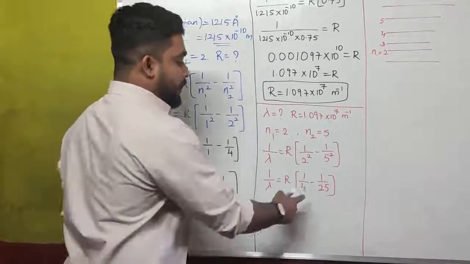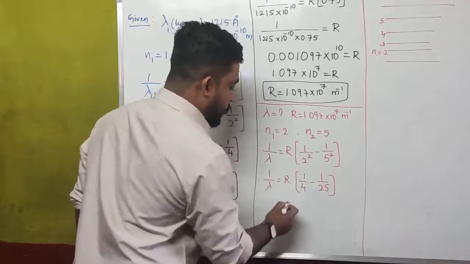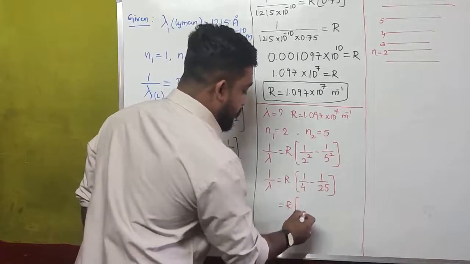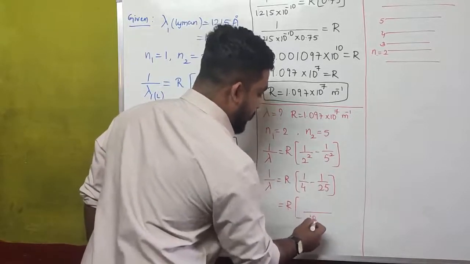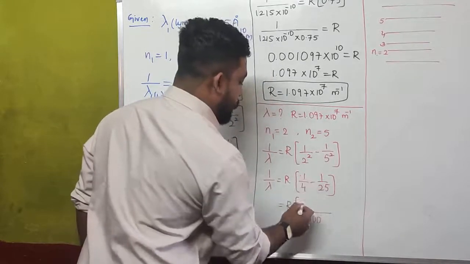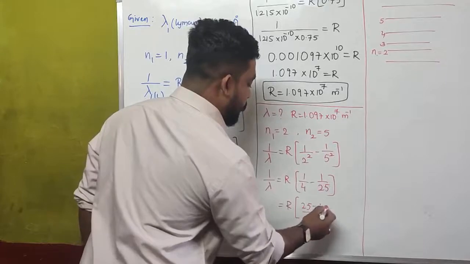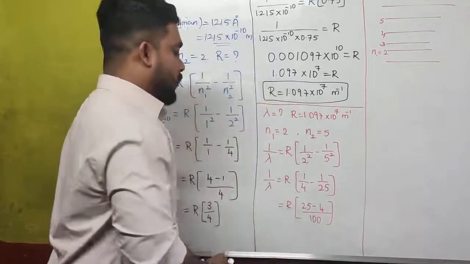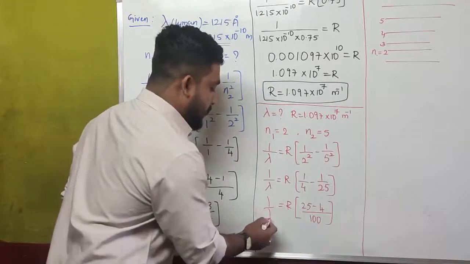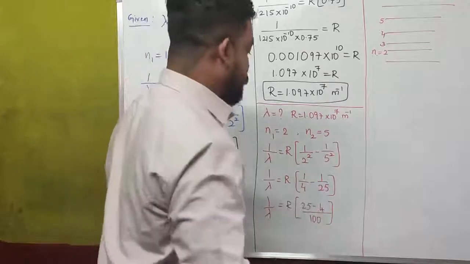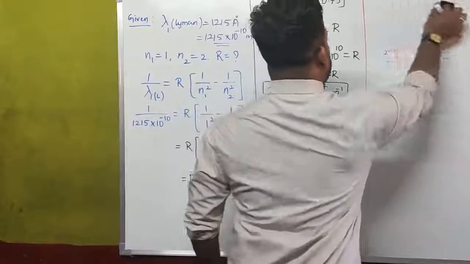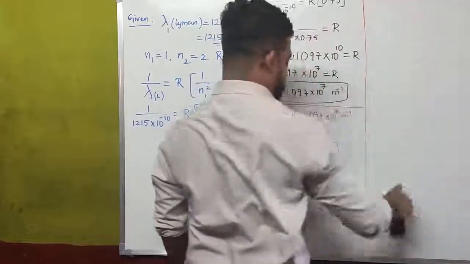Now, if we take the LCM of these two numbers, what do we get? 25 into 4 is equal to 100, 25 into 1 is equal to 25, and 4 into 1 is equal to 4. What is the value of this? 25 minus 4 is equal to 21, so 21 divided by 100.